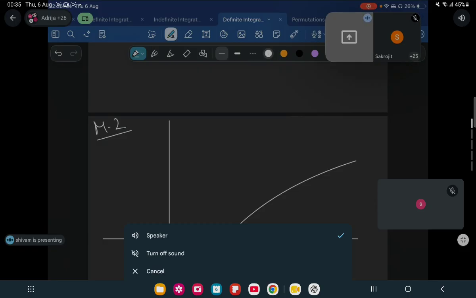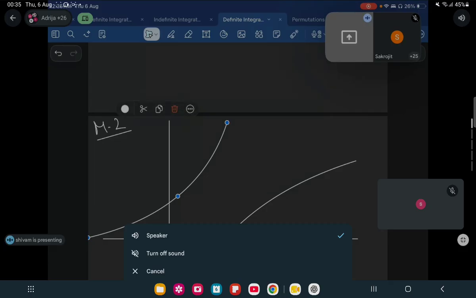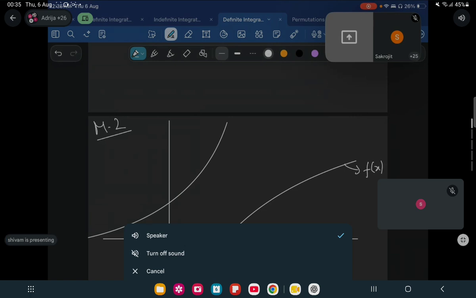And let us take another function which is the inverse of this function, the mirror image of y equal to f of x. Remember, f of a equal to c and f of b is equal to d.